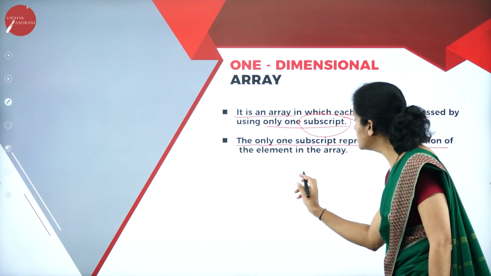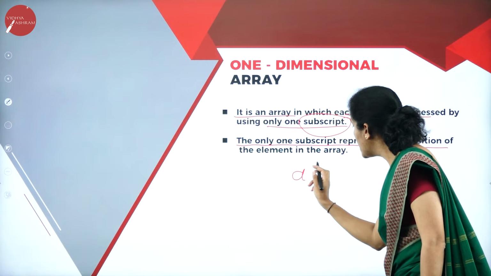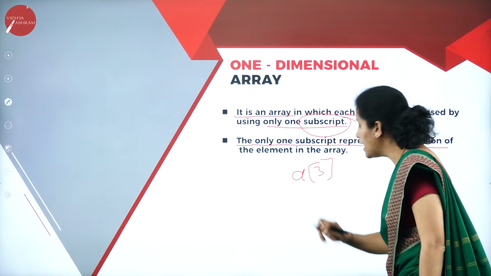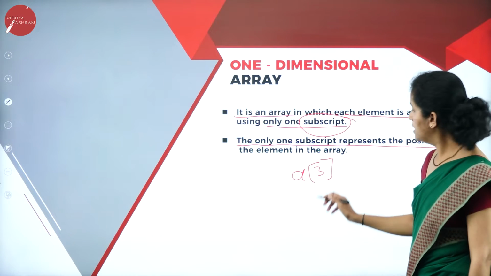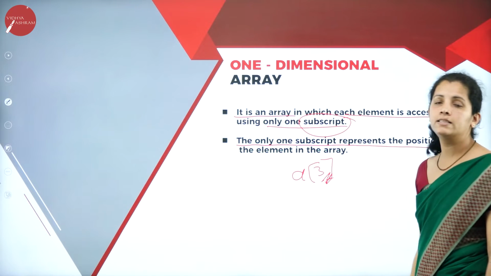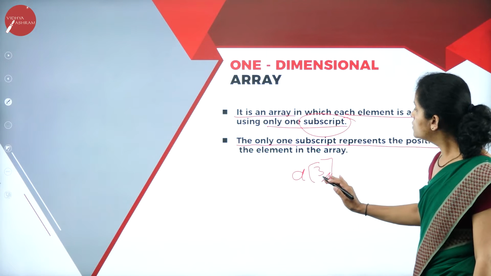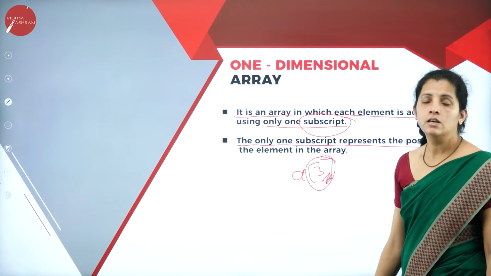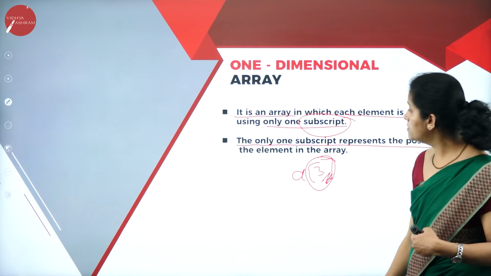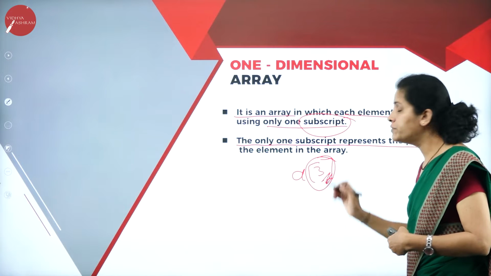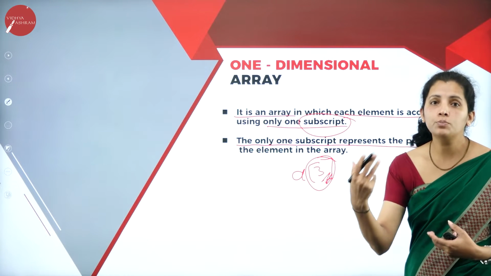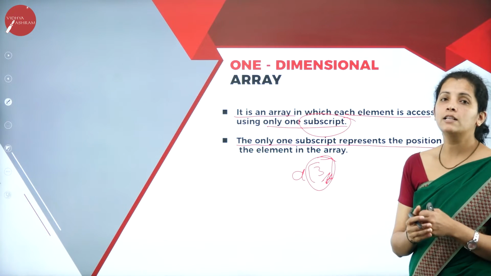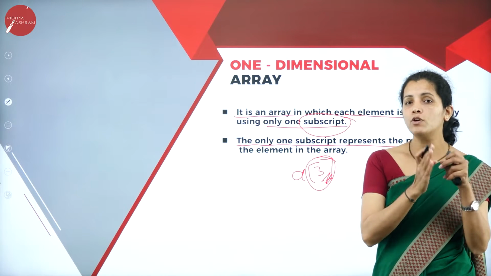For example, think that A of 3. If I write A of 3, then this 3 indicates the position. If I consider natural language and natural number system, A of 3 is nothing but the fourth position, because natural numbers are going to start from 1.